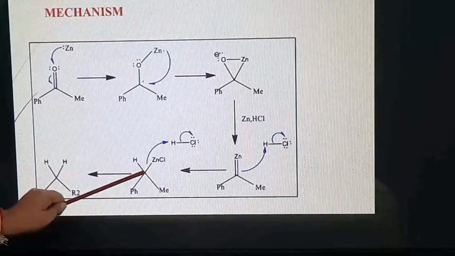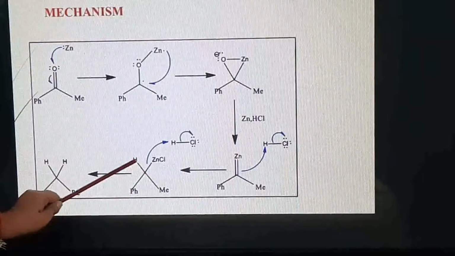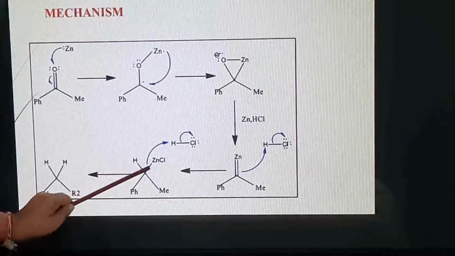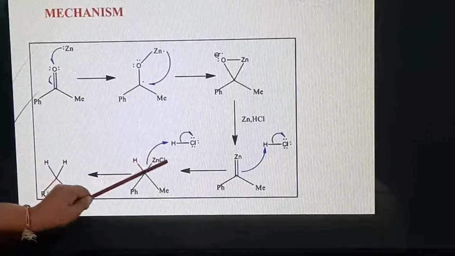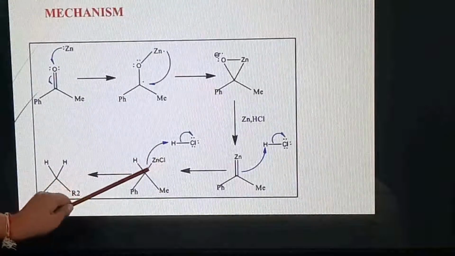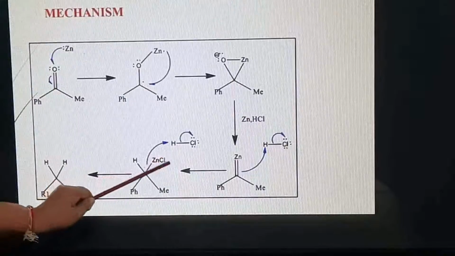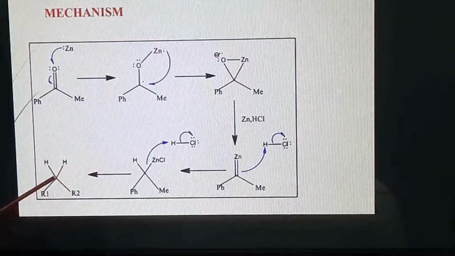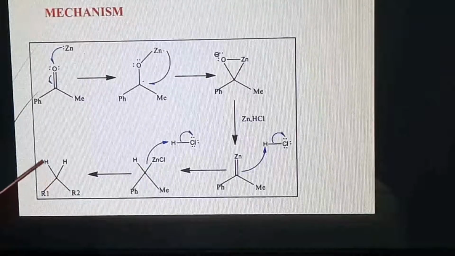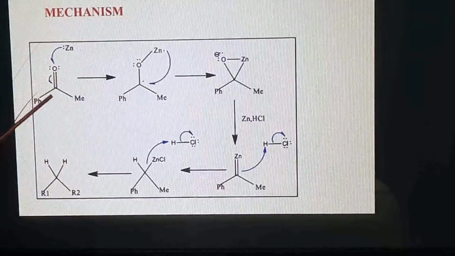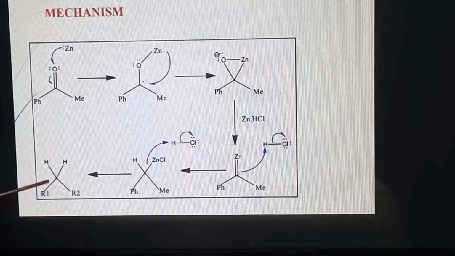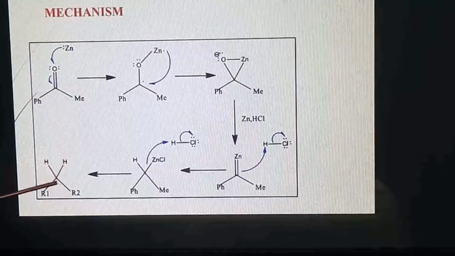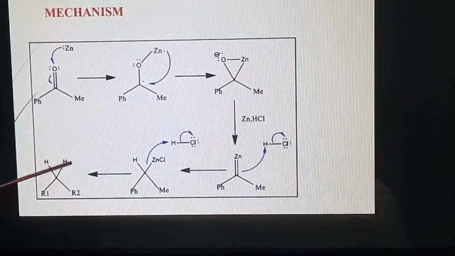At last we need this carbon to get two hydrogens, with removal of zinc chloride. So the next step is loss of zinc chloride and addition of another hydrogen. We get the CH2 methylene group, the conversion of a carbonyl group to a methylene group. This reaction is called the Clemmensen reduction reaction.